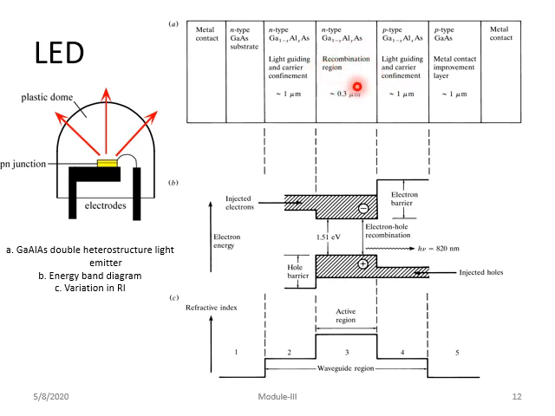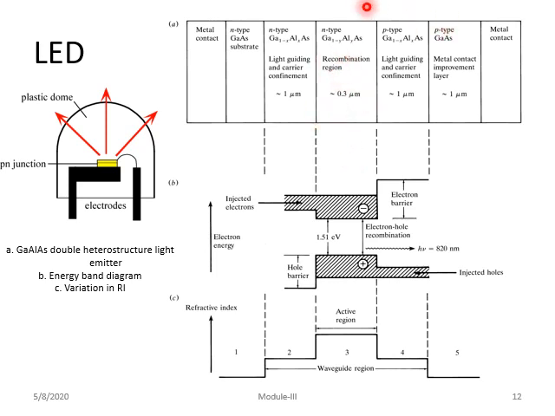Here the recombination process takes place: electrons and holes come together at the recombination region, and the energy comes out in the form of a photon or light energy. So it is emitted from the recombination region.